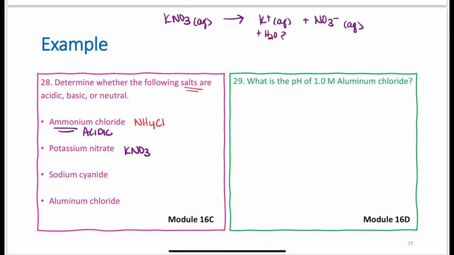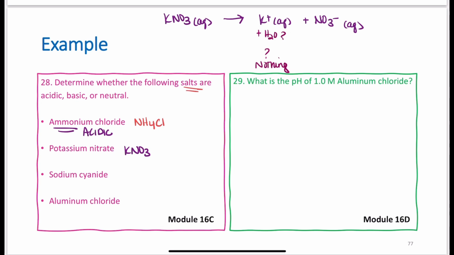If I add the K plus to water, what's going to happen? Nothing. K plus is the conjugate acid of a strong base. It came from KOH, which is a strong base. The potassium ion is very, very stable in solution, meaning it is a very weak acid. It can't do anything to cause a solution to form an acid.